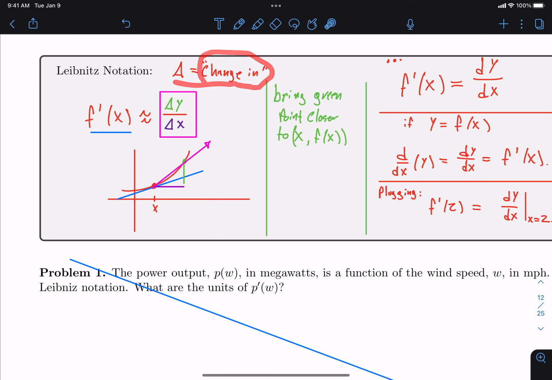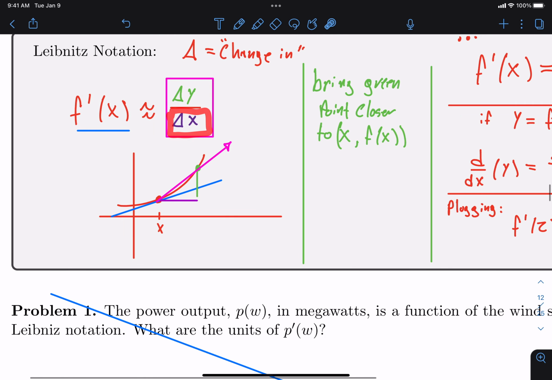So change in y coordinates, that's y2 minus y1, and change in x coordinates, that's x2 minus x1. He said, the way I can approximate the derivative, which is the slope of this blue line, is to say it's close to the slope of this secant line, which is given by delta y over delta x. That's this rise over this run, okay?